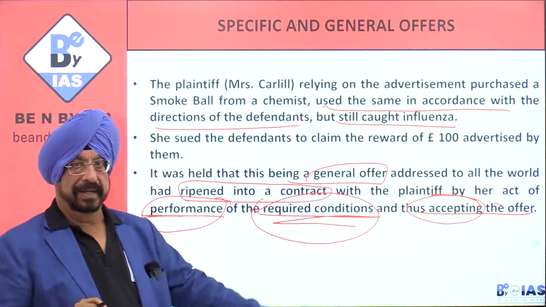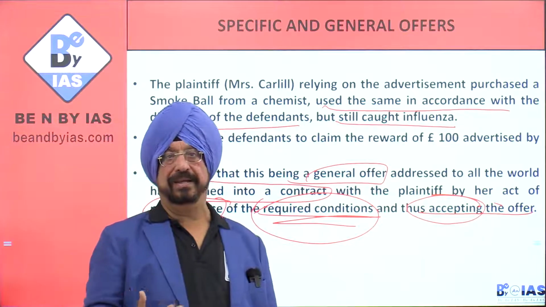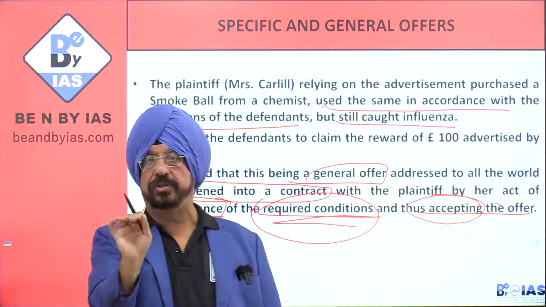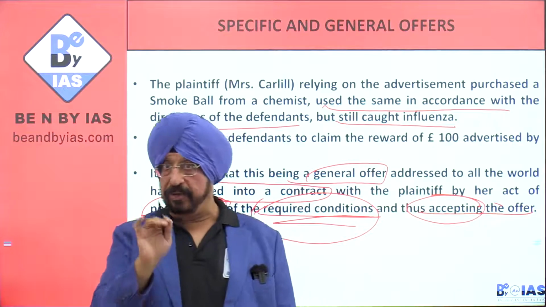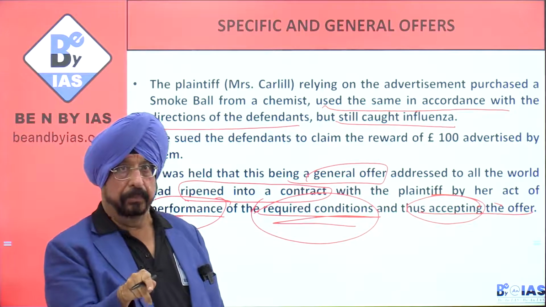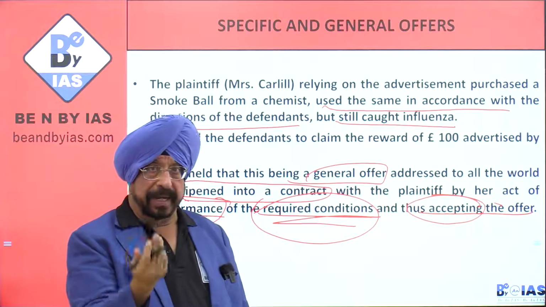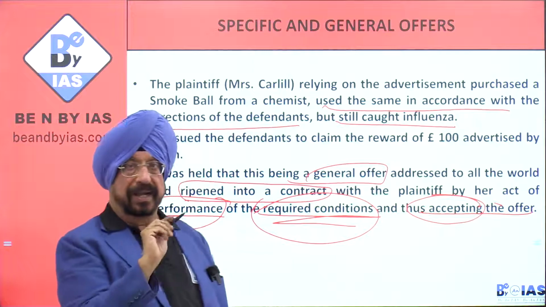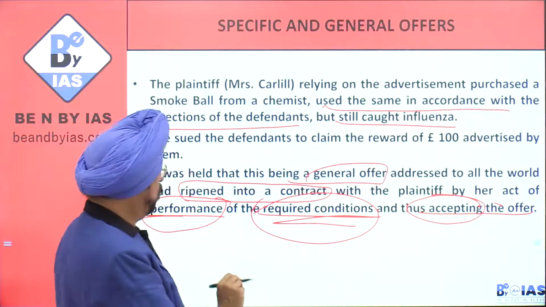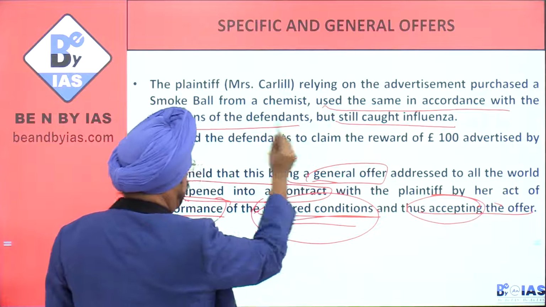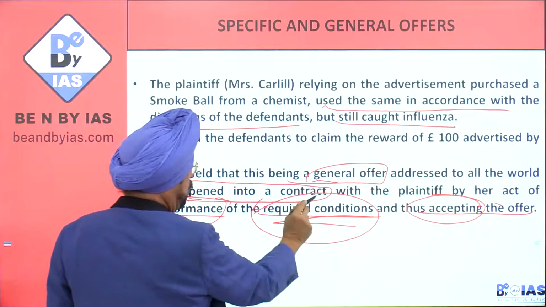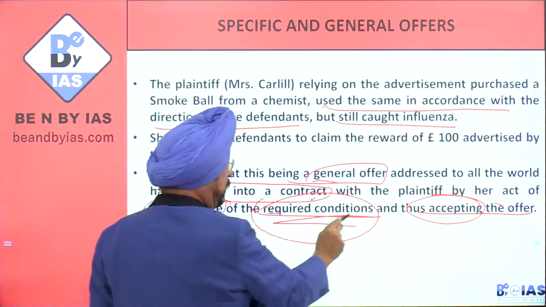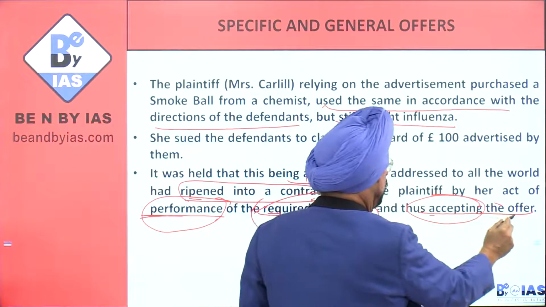Right? This is the way you have to analyze any case. Suppose this whole situation is given in the form of a question, and that is exactly what the examiner will be doing. So, as per my instructions to you earlier, underline. Here you can underline that this is a general offer, ripened into a contract by way of performance of the required conditions, thus acceptance.